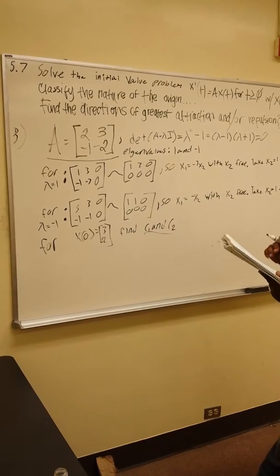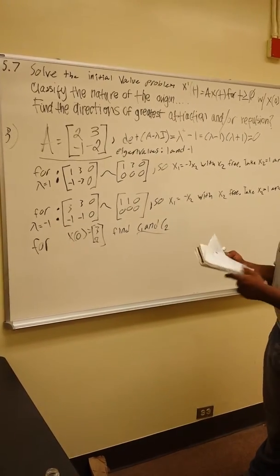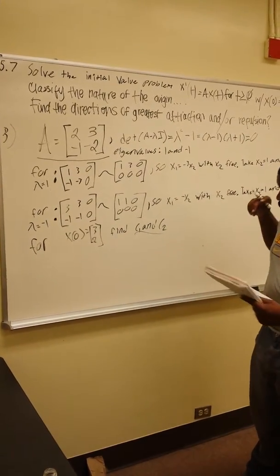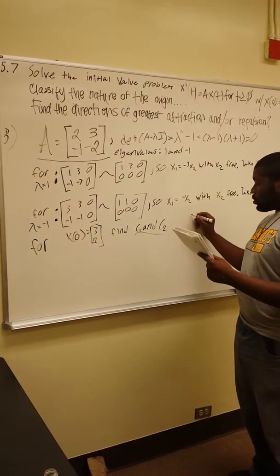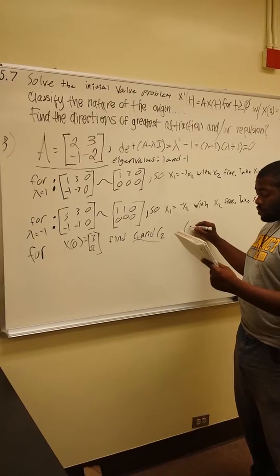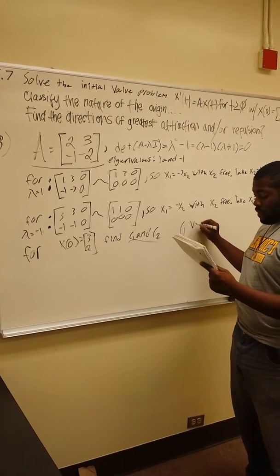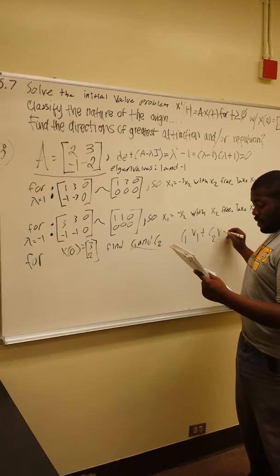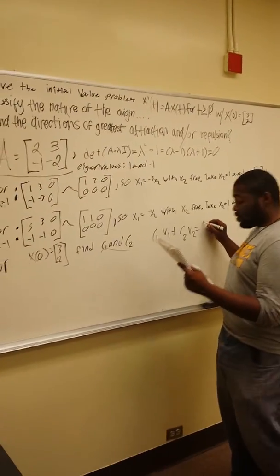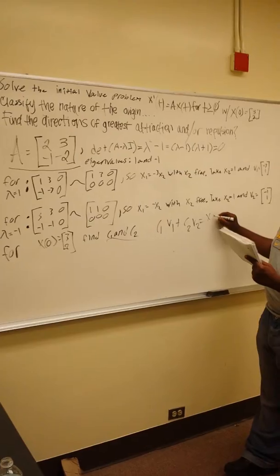So what we do here is we solve for C1 and C2 through this equation: C1 v1 plus C2 v2 equals x of 0.